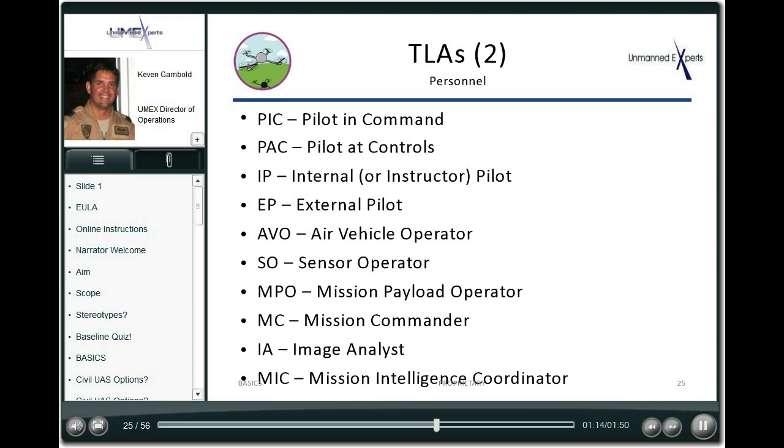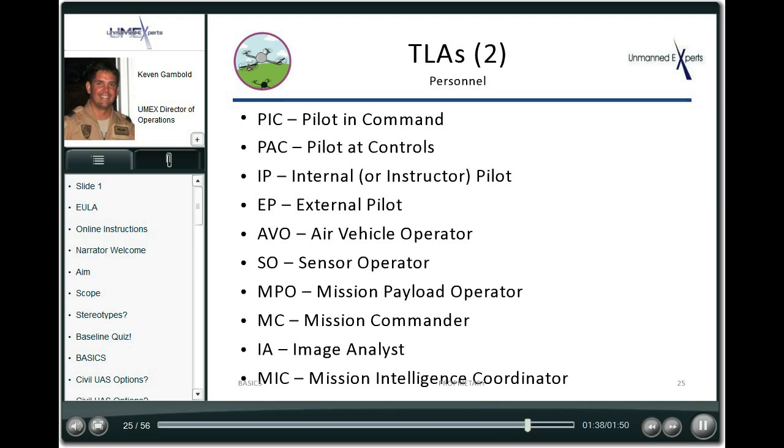On the other side of a ground control station would be the sensor operator, the SO. He normally operates the payload system, and the armies often refer to them as MPOs, mission payload operators. Overseeing all of this, you may have a mission commander, or MC, and assisting them or the crew is a number of IAs, image analysts.